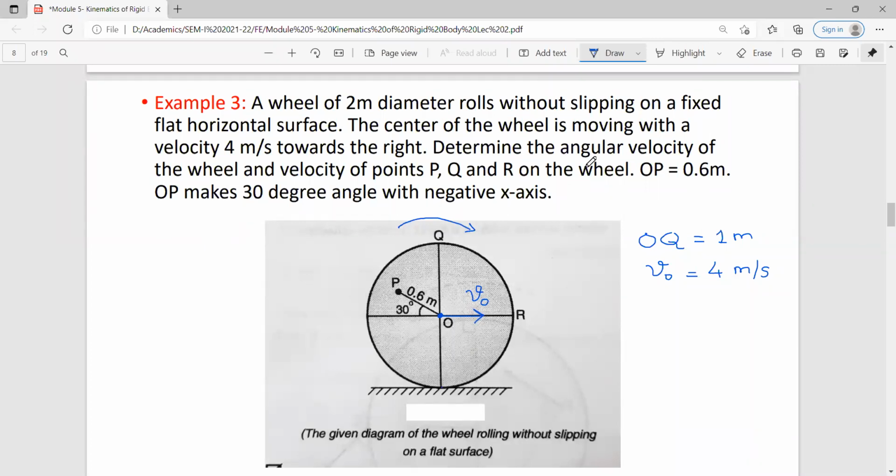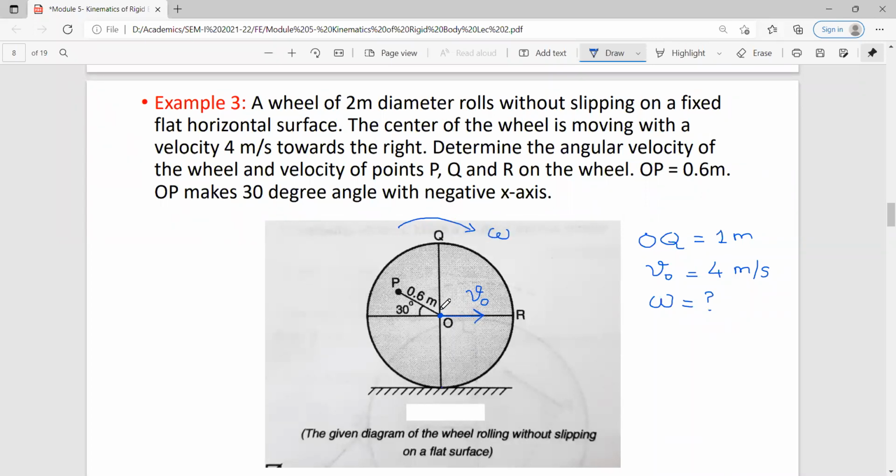Determine the angular velocity. Angular velocity of the wheel means first of all we have to calculate omega. Angular velocity of the wheel, okay, is what? And velocity of point P. Where is point P?